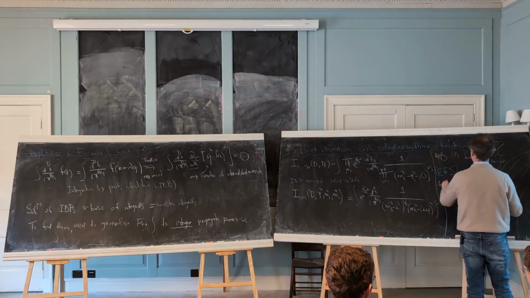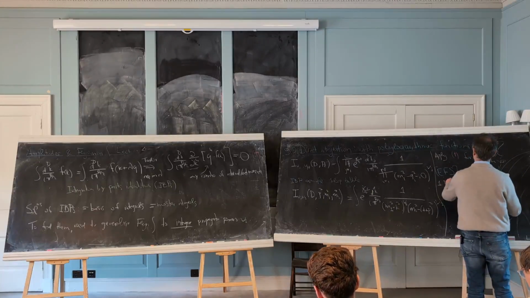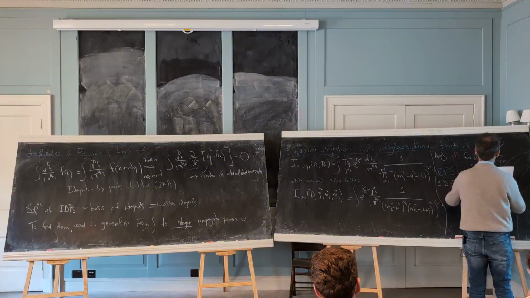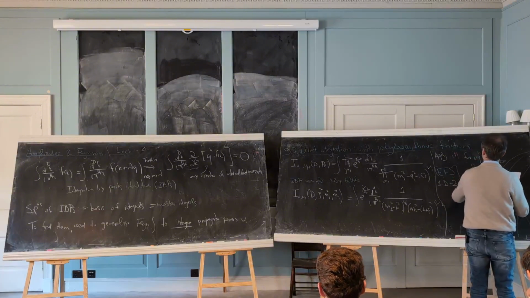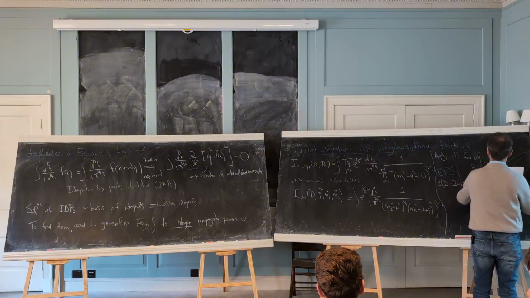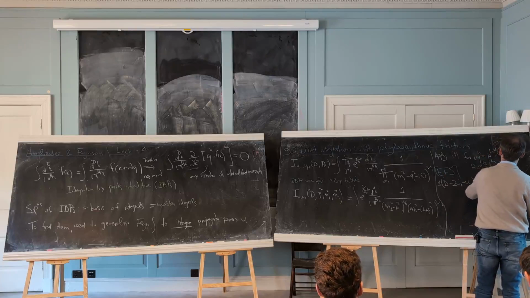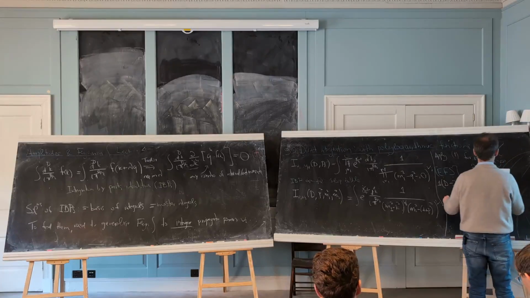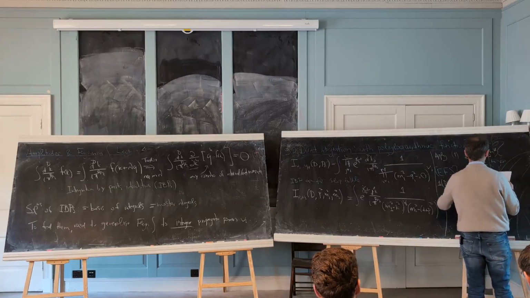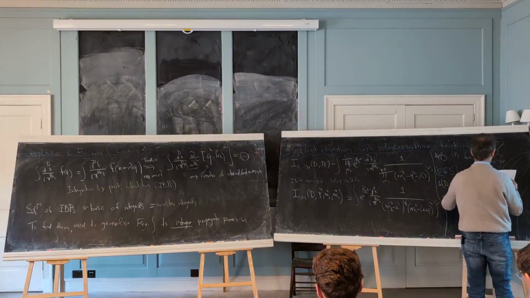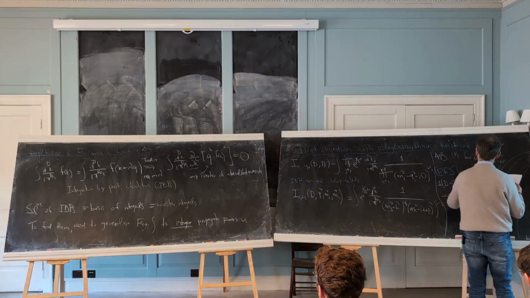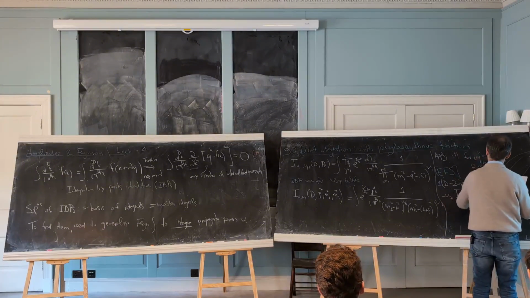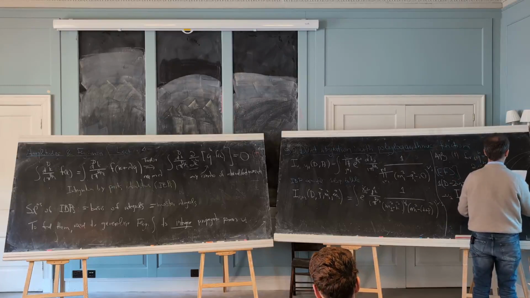So for the first case, you get something like d minus 2 nu 1 minus nu 2 times I nu 1 nu 2, minus nu 2 times I nu 1 minus 1, nu 1 plus 1.